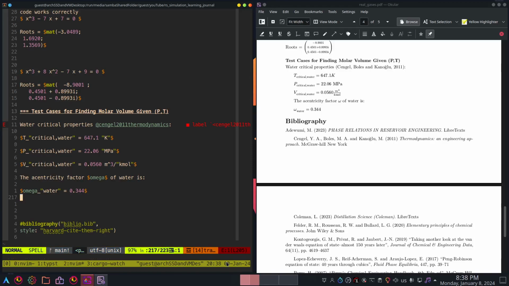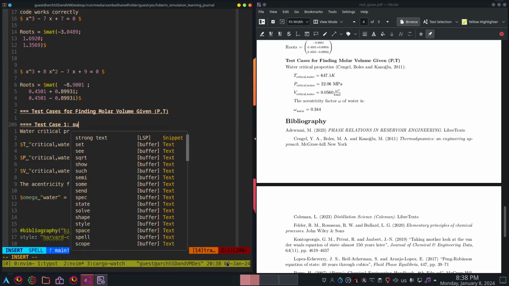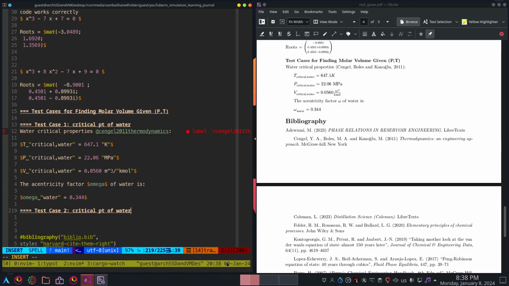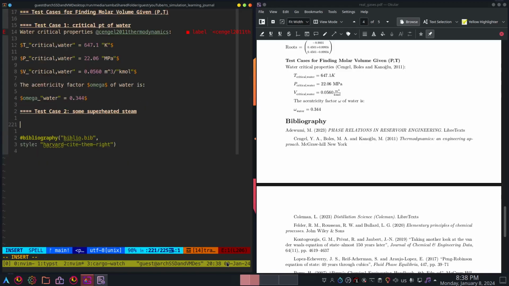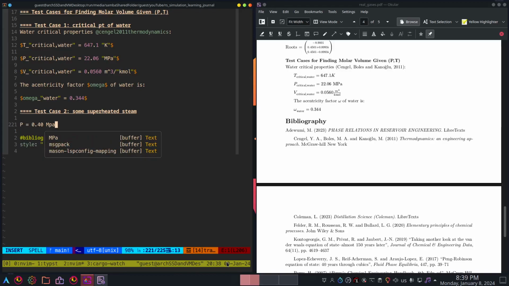Okay, so this is test case 1, the critical point of water. Okay, so test case 2, some superheated steam. P equals 0.40 MPa.